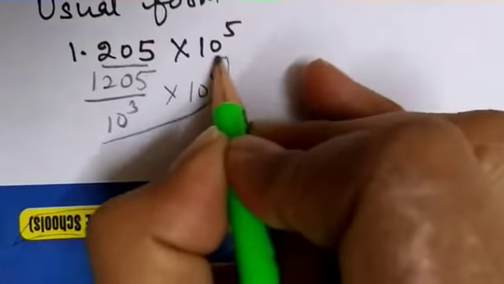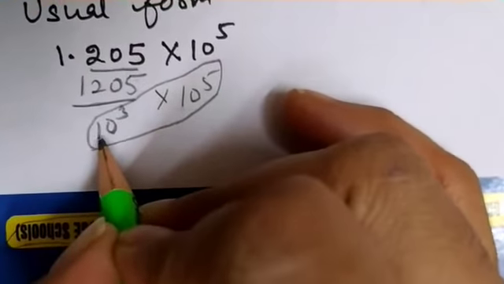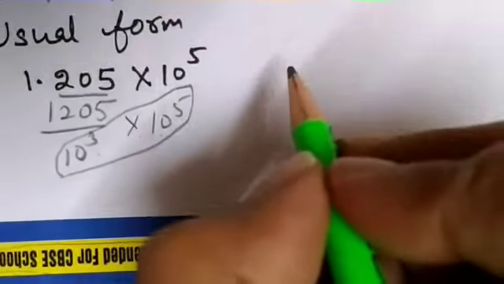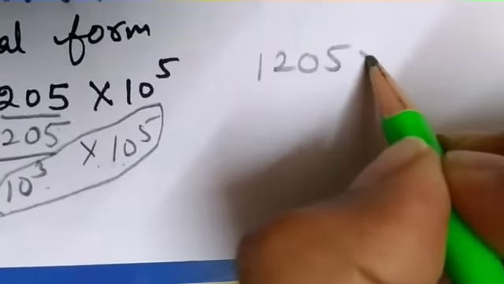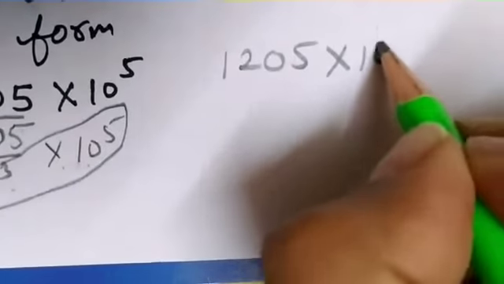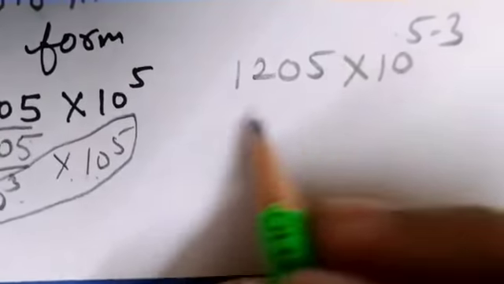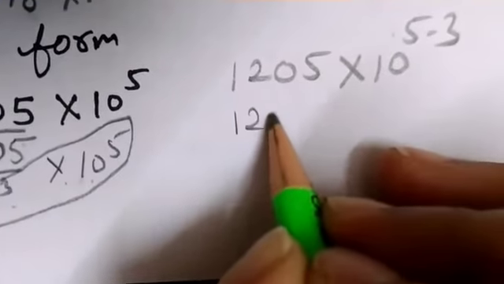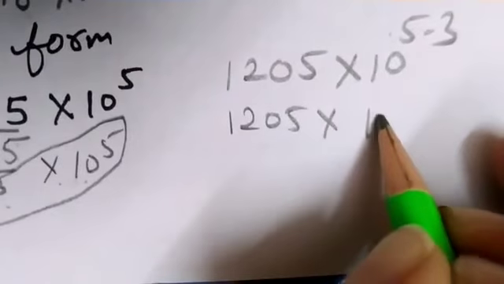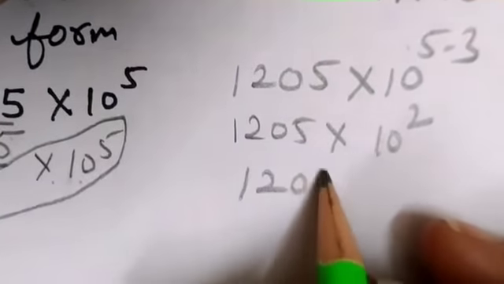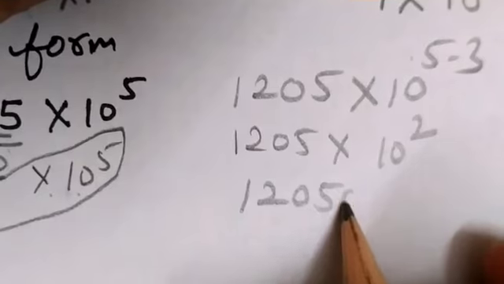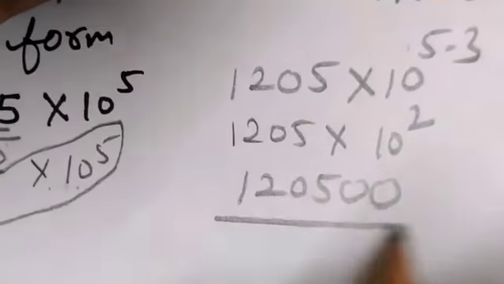The bases are same and power will be subtracted in division case, so we write 1205 10 to the power 5 minus 3, that means 1205 multiplied 10 raised to the power 2, so we multiply 1205 multiplied by 2 zeros, we get the answer.